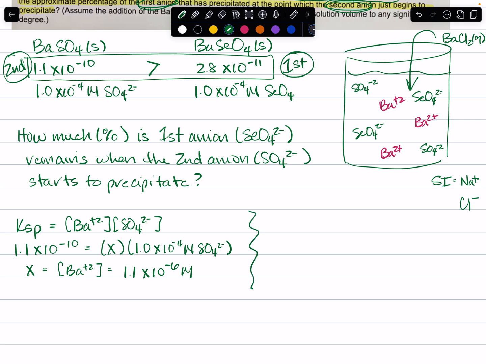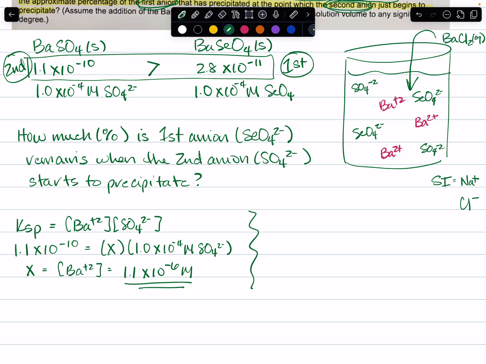All right, so once we reach this point, the question is how much of the selenate remains. Because remember, what we're doing is adding in this barium chloride slowly, so the concentration of barium is building up over time.